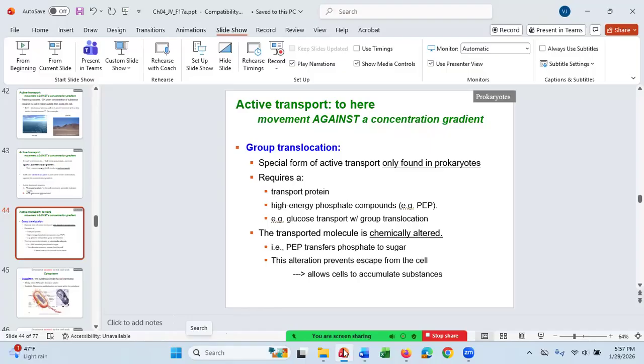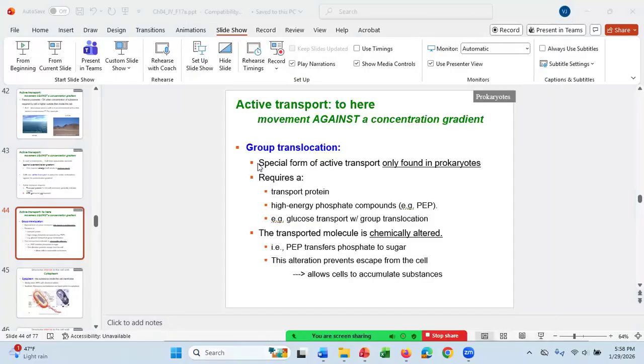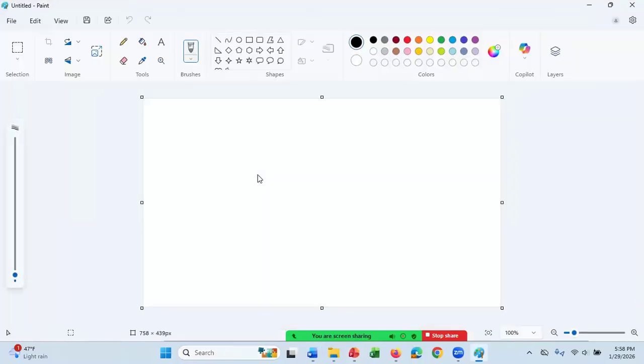Let me see if I can show you this. Actually, use Paint. Is it going to open? There it is, just taking its time. Let's make this a little bigger.